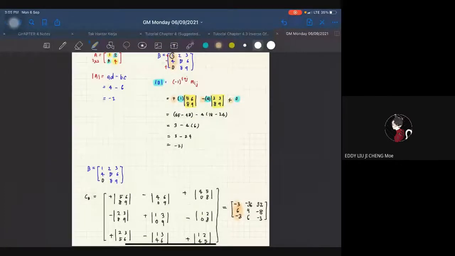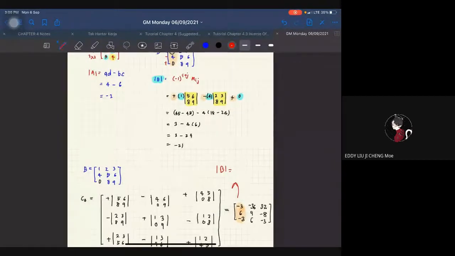Okay, so untuk awak cari determinant, for you to find determinant of B, cara dia adalah awak cuma darabkan sahaja setiap nilai yang awak ada dekat sini. So you have 1 and then you just multiply with -3. So 1 times -3 plus with 4 times 6, and then you just plus with 0 times -3, which is 0. So tak perlu tulis. Okay, so awak ada dekat situ -3 tambah 24. So your answer will be 21.